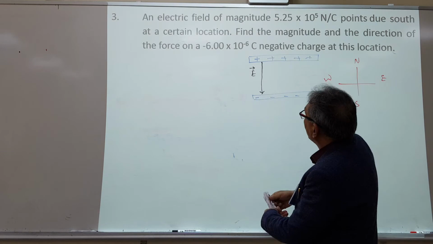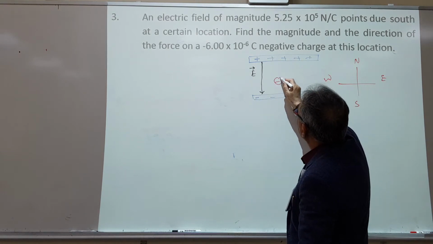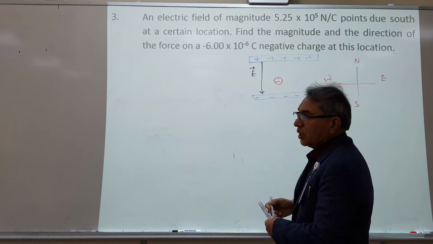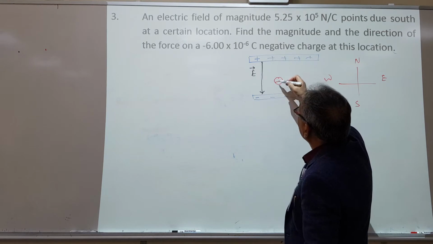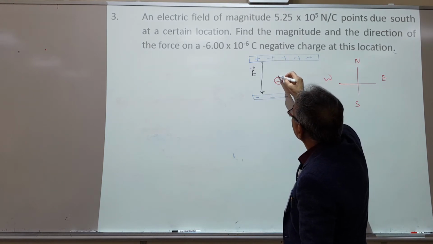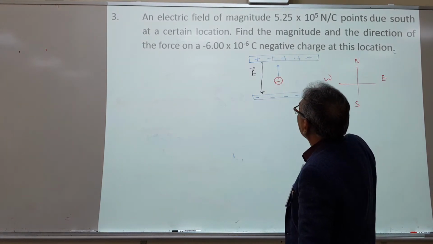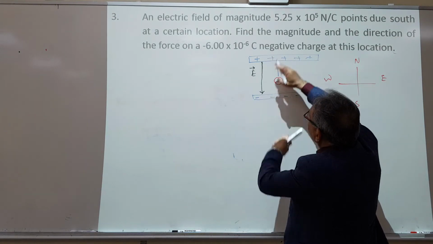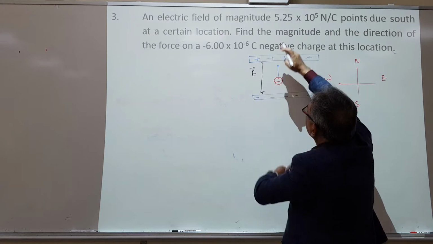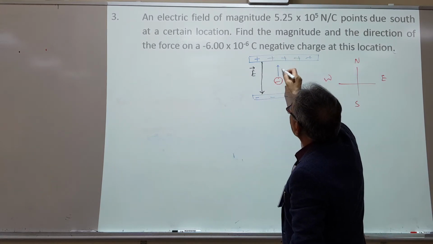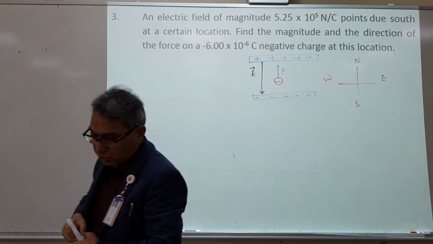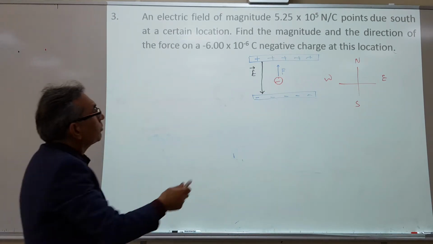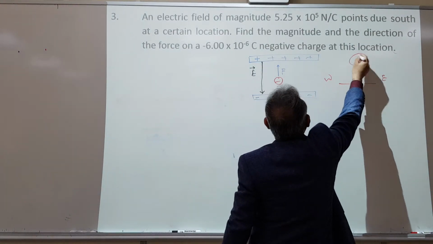If you have a negative charge at this location anywhere, what will happen? This is negative charge, this is positive, so it will be attracted to this side. Also, this is negative charge, so it will be repelled by this negative plate, so upward. So the direction of the force is upward. Upward means this is north.